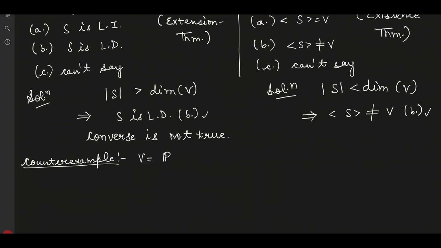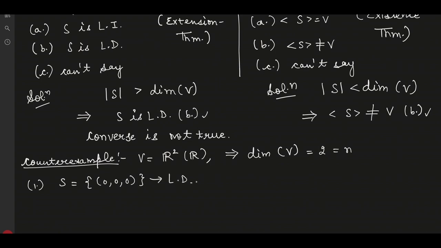Counter example. V is R square over R. Dimension of the vector space is 2. Take this set. Obviously, I need to take an LD set only. This is LD. What is the dimension of S? It's 0.